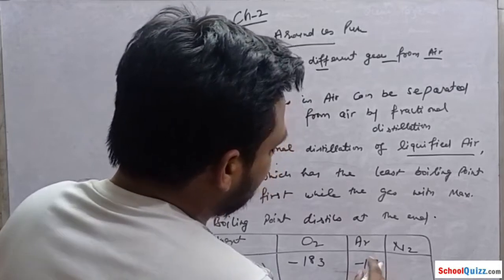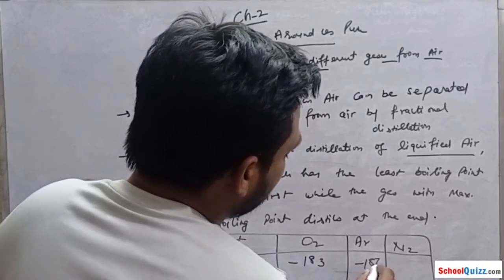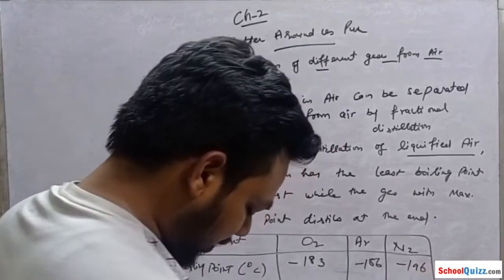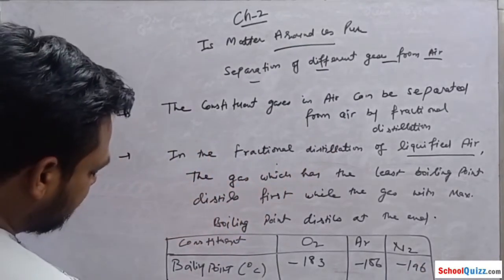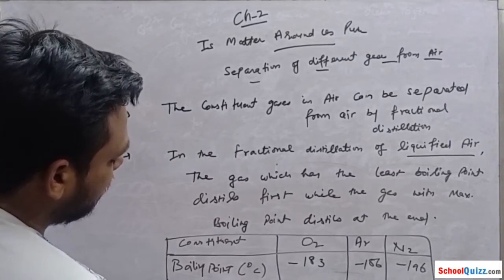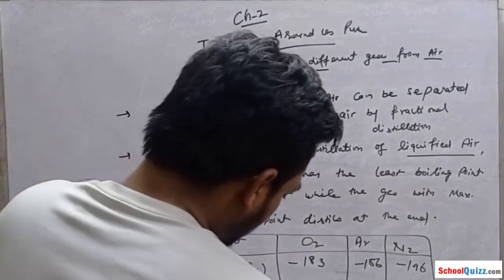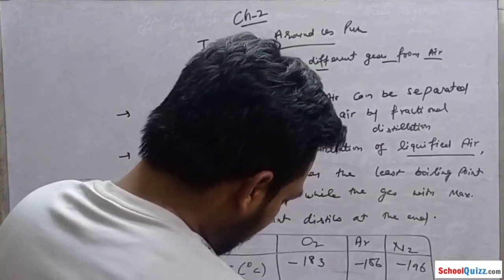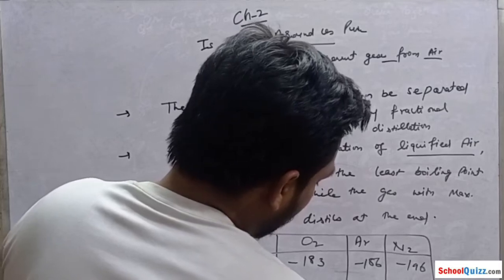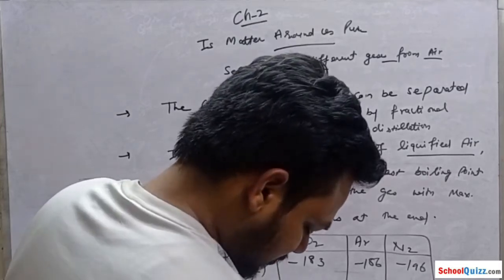It is minus 186. Minus 196. Percentage by volume in air. So it is 20.9. This one is 0.9. And that one is 78.1.